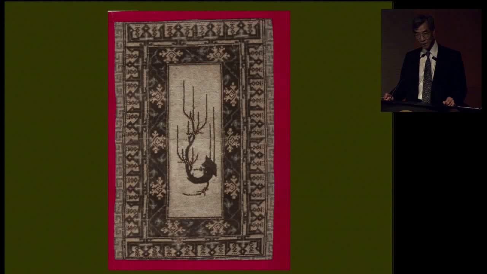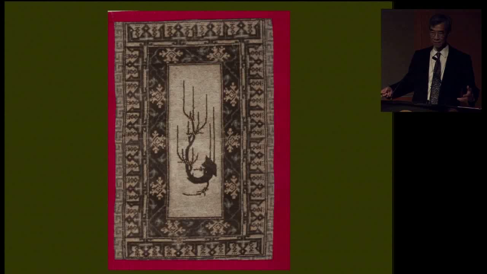And that really sums up even better than the two examples I showed at the very beginning the material culture of the Mongol world as displayed in objects, in works of art.